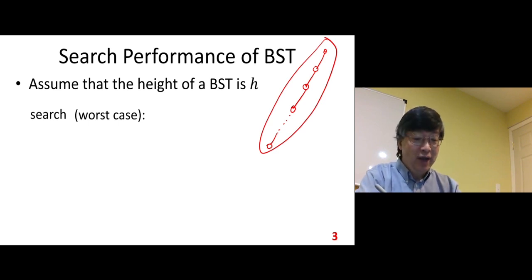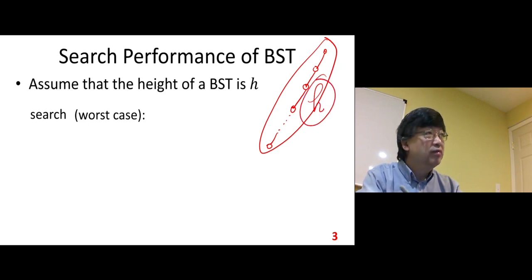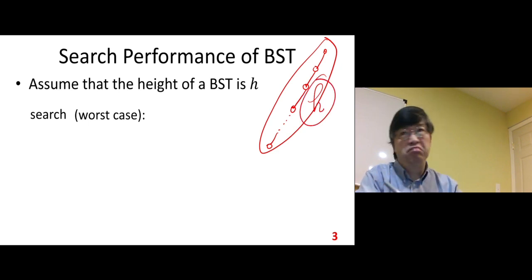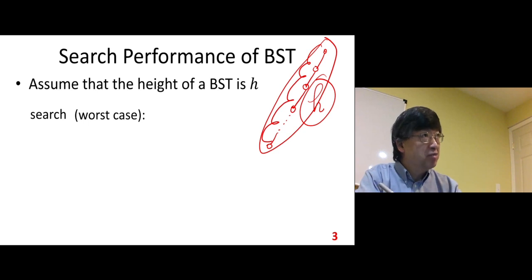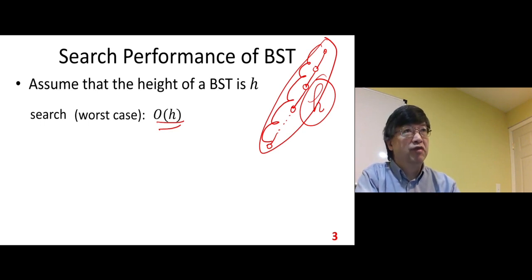Then the height is h, so when you do the search, you need to jump h steps. So this is the efficiency function, big O of h.